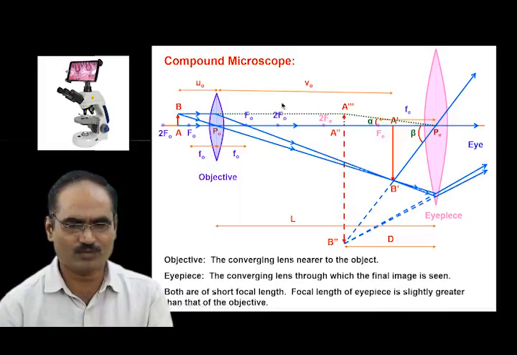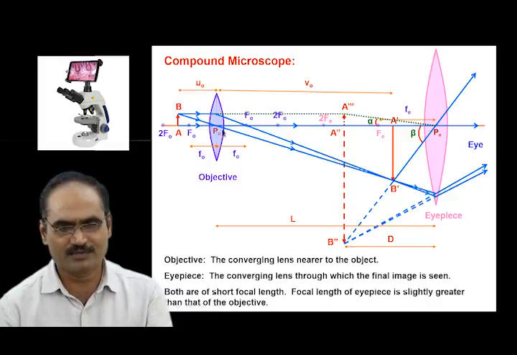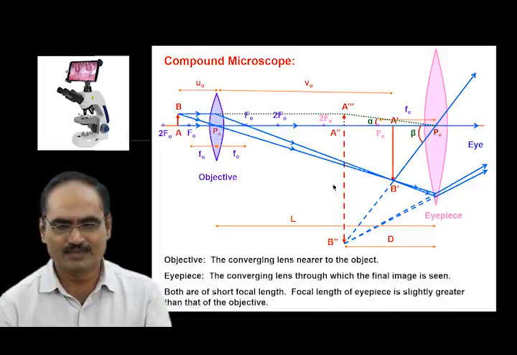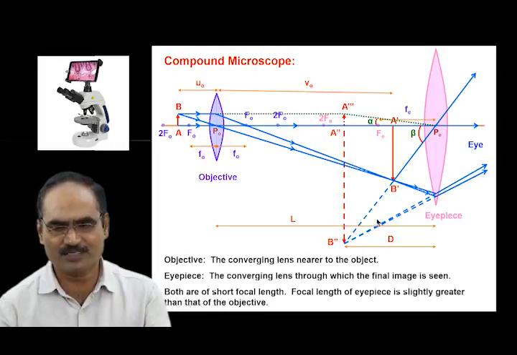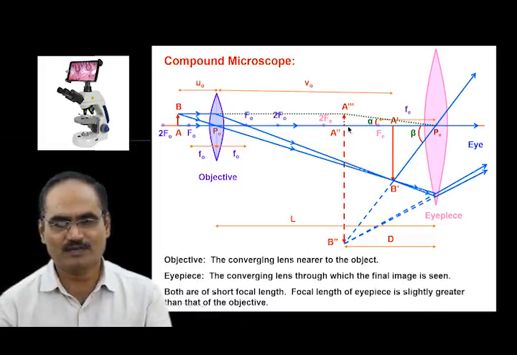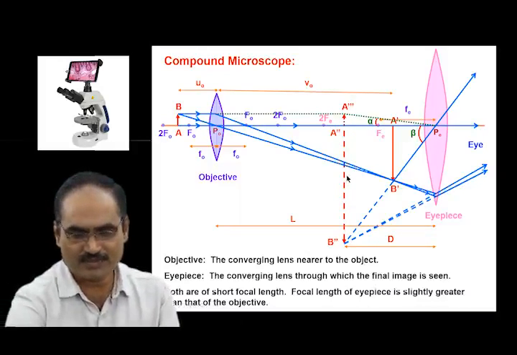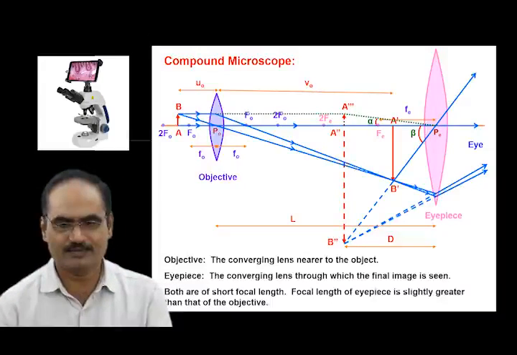Here you see, suppose this is an object and it subtends an angle. That angle we note as the angle subtended by the object, alpha. Then the image subtends an angle, this is beta. Both are kept at the distance of least distinct vision, so an angular magnification can be obtained.